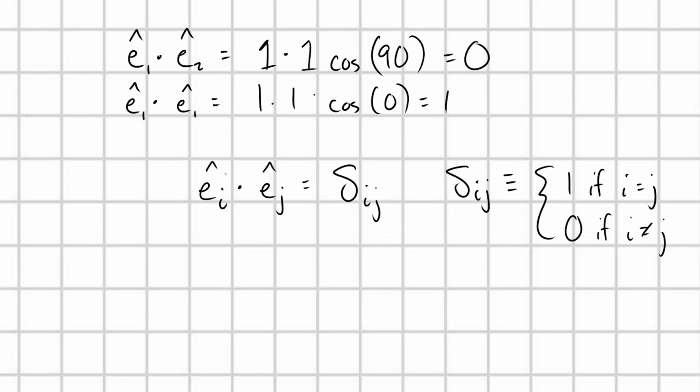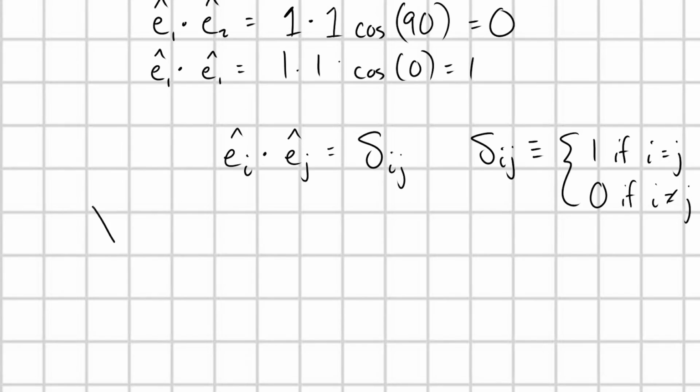This is saying if I have 2 basis vectors, ei hat and ej hat, if those vectors happen to be the same basis vector, they point in the same direction, it gives me 1. Because they're already projected onto each other completely, right? And if I have 2 basis vectors that are totally orthogonal to each other, they don't point in the same direction at all. So the projection of one onto the other is just always going to be 0.